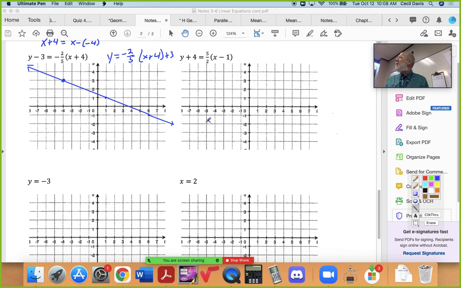How did I get the point? So remember that the point-slope equation is y is equal to m times (x minus x1) plus y1. So the y coordinate of my point is 3. The x coordinate is supposed to be x minus something, but I have x plus 4.